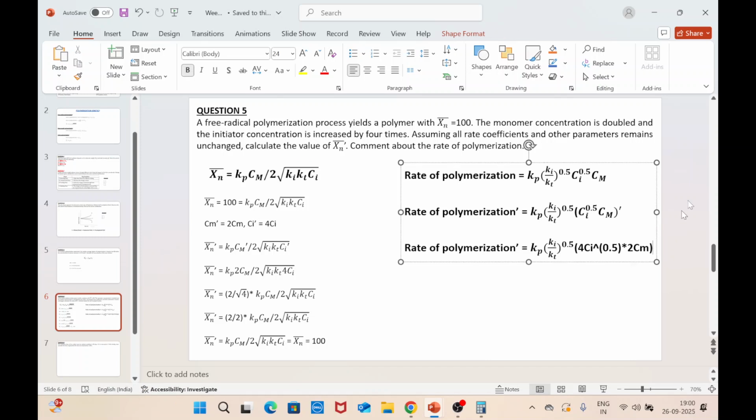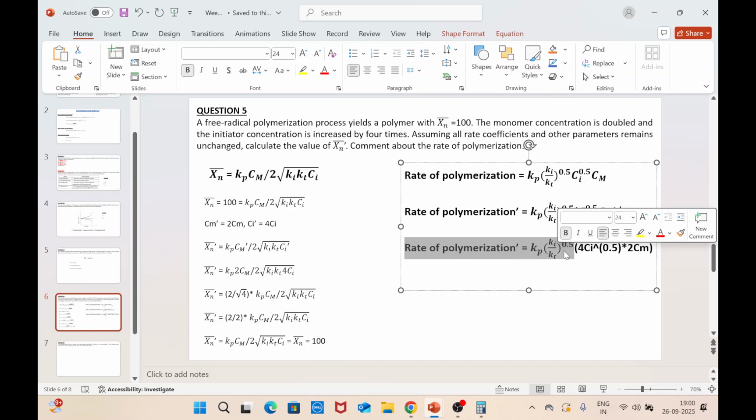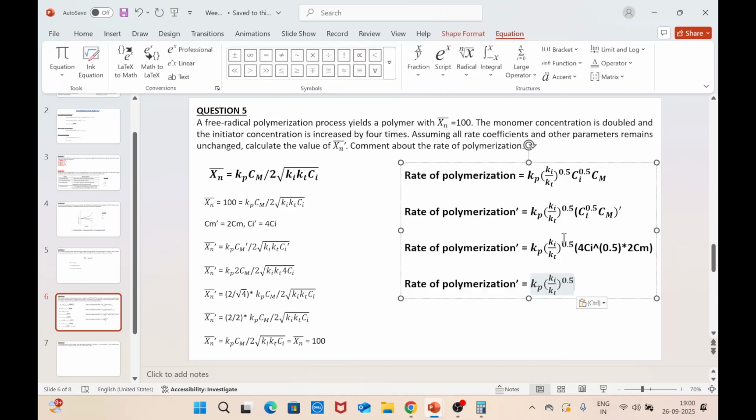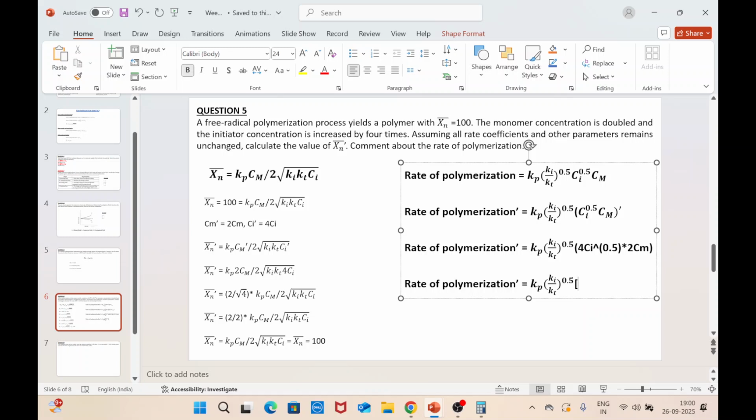So now what you can write is, 4 Ci whole power 0.5 is nothing but 2 Ci power 0.5, times 2 Cm.